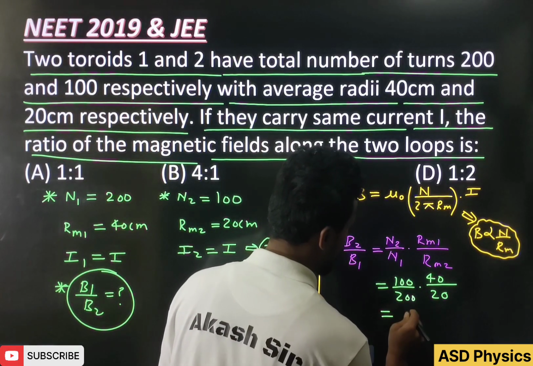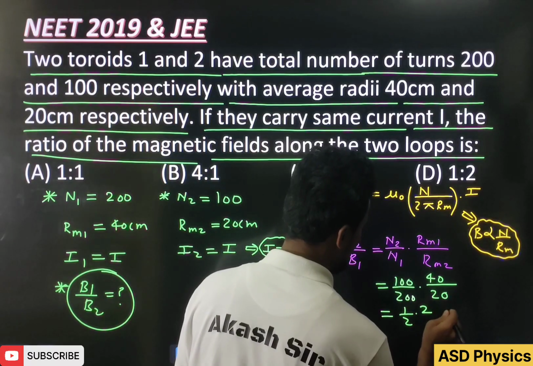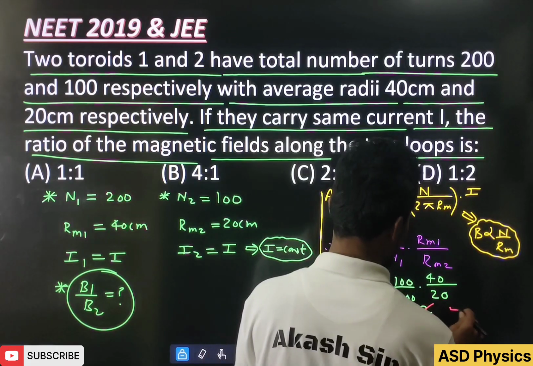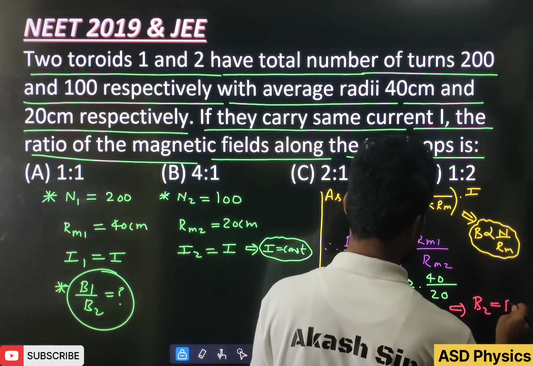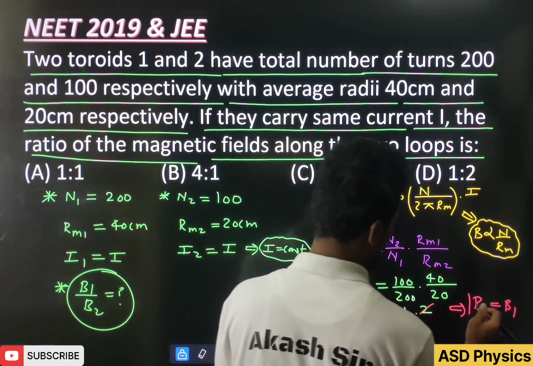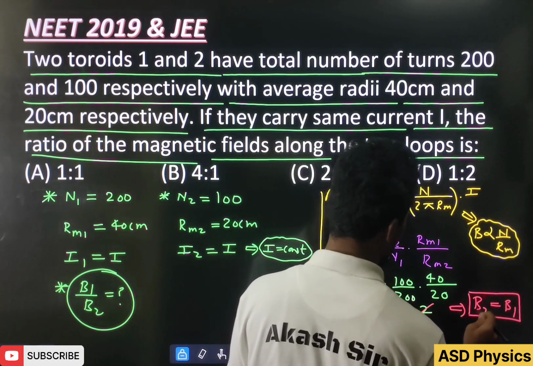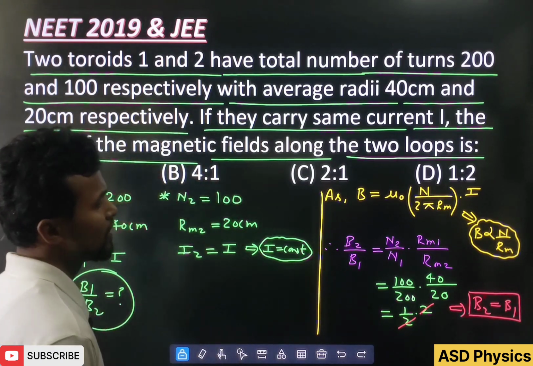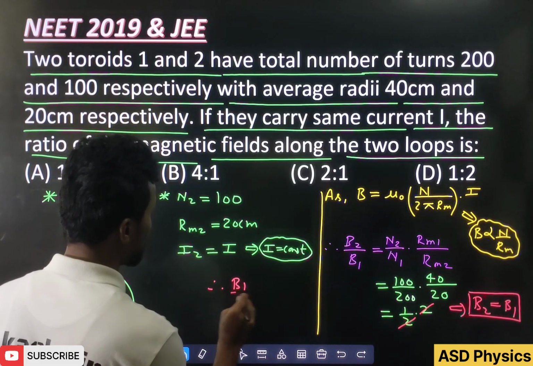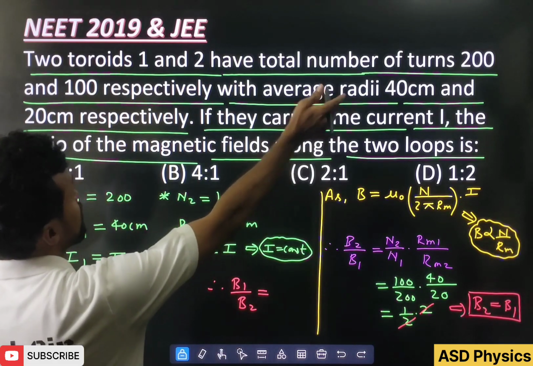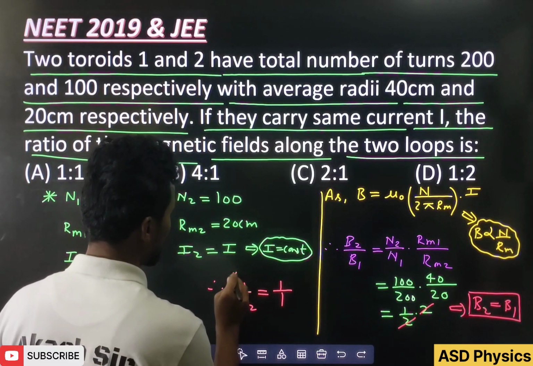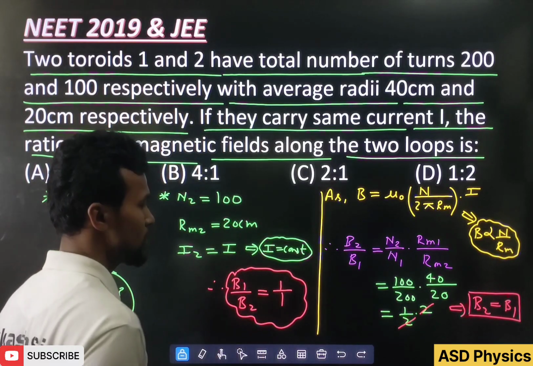When you simplify this, 100 by 200 will come as 1 by 2, and 40 by 20 will come as 2, and this 2 and 2 will cancel out. So B2 equals B1. The question asks first to second solenoid, so we write B1 by B2, and it will come as 1 by 1 only, whether you write B1 by B2 or B2 by B1.